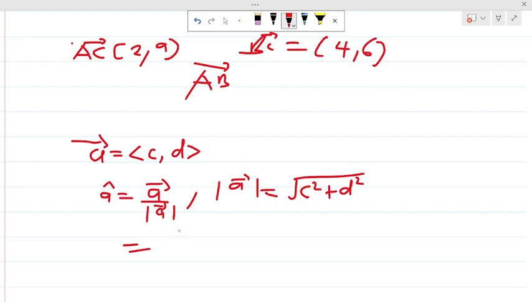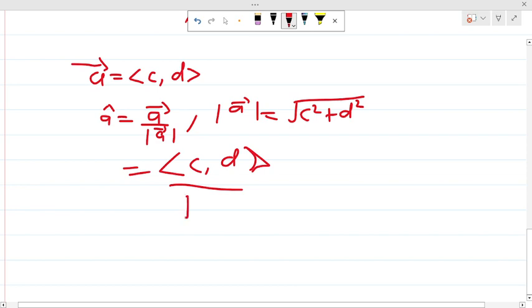So the vector A is simply (C, D), divided by the magnitude.